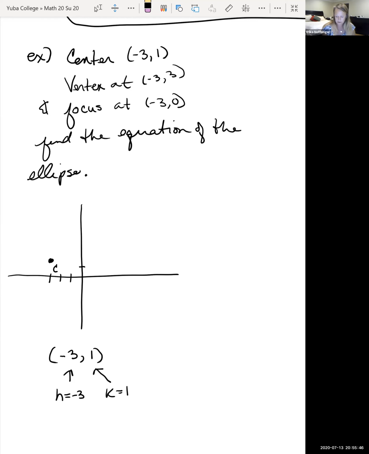It's 1. So my vertex, it only gives me 1. My vertex is at -3, 3. So if I go over 3, up 3. And then my focus is at -3, 0.